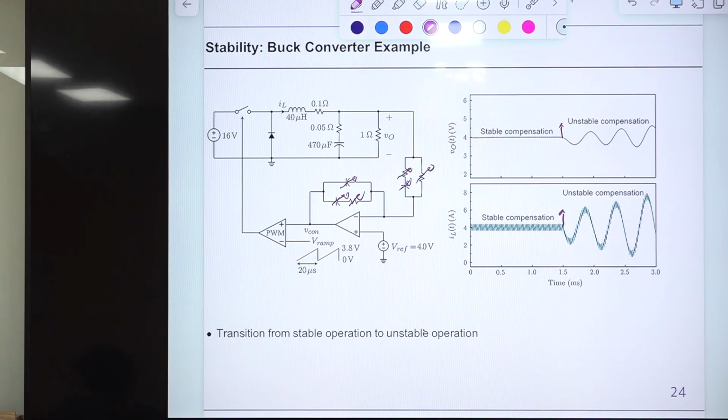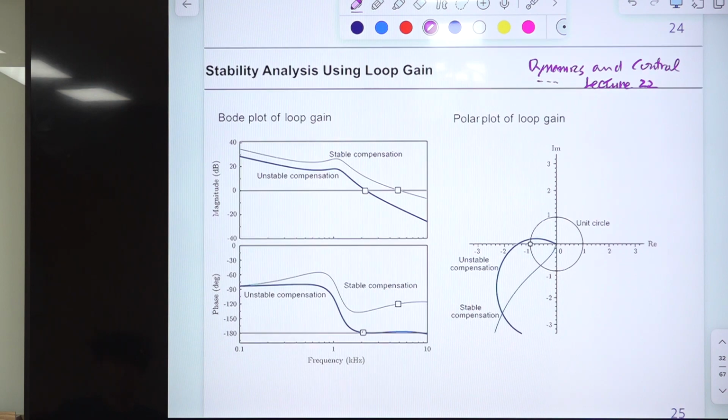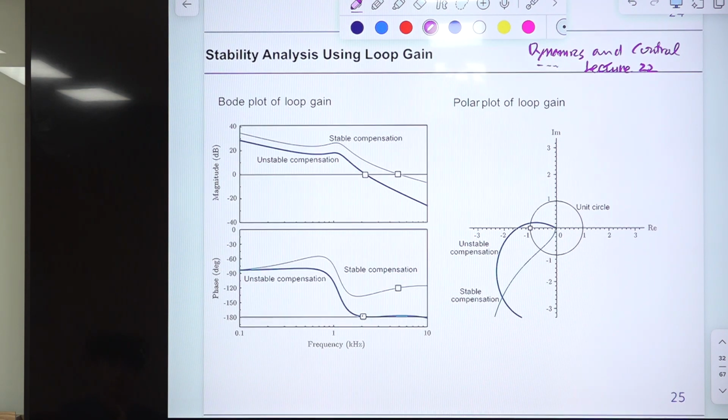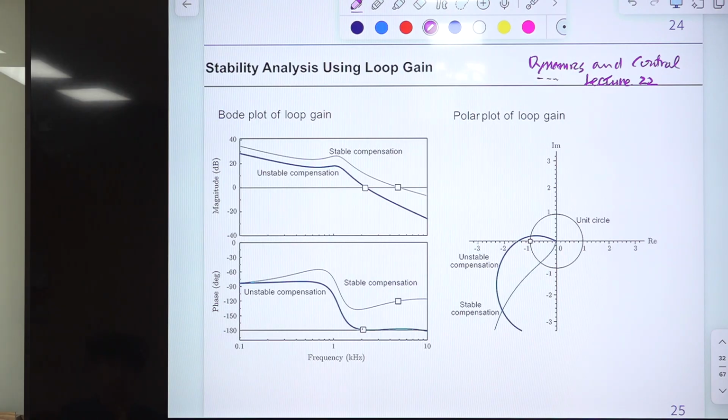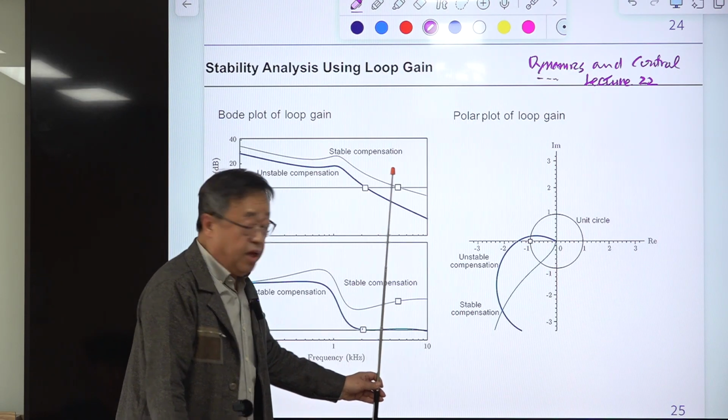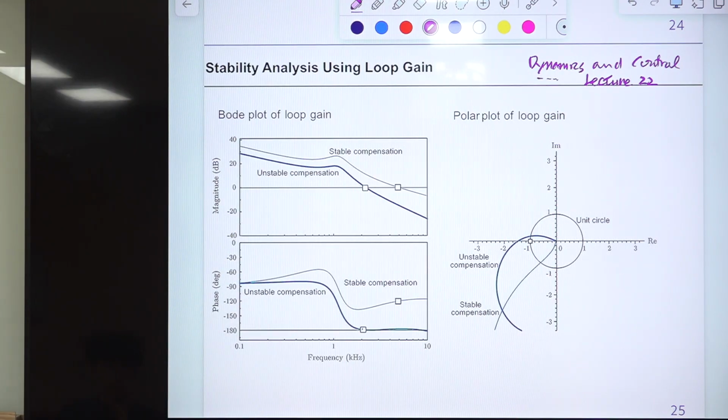Then why did it happen? One way is to analyze the Bode plot of this loop gain, or generate the polar plot of the loop gain. This was a stable loop gain. At this loop gain crossover frequency here, the phase of the loop gain is much larger than this critical value of 180 degrees.